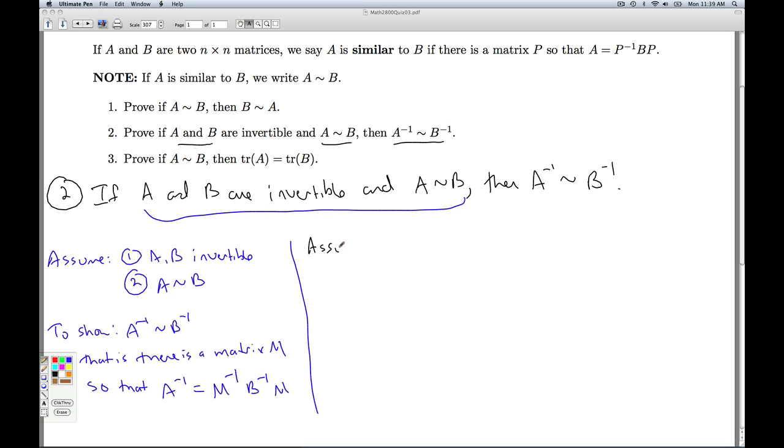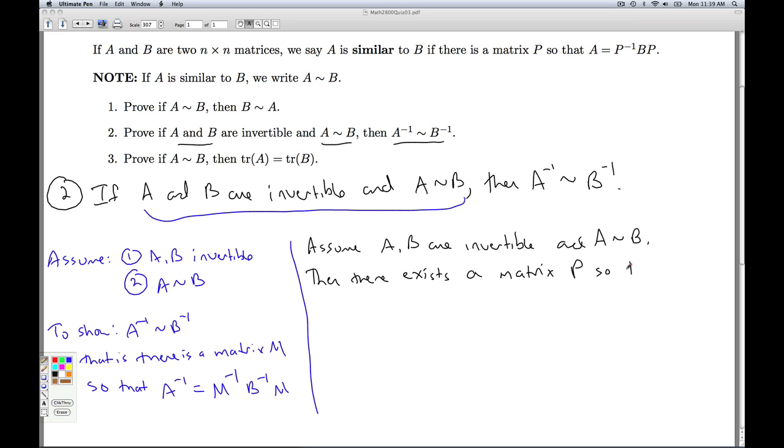So assume A and B are invertible, and A is similar to B. There exists a matrix P, using my definition there, so that A equals P inverse BP.